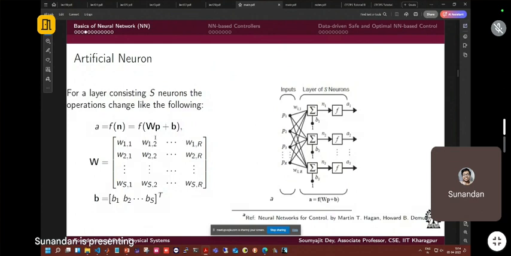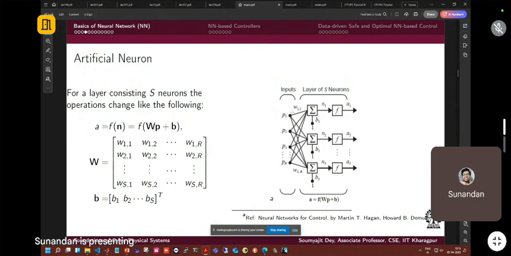After using the weight and bias, we pass that through an activation function. This is how the weight matrix looks, and this is how the bias matrix looks. As you can see, there are S neurons, W1 to WS, so there are S many. From P1 to PR, there are R many inputs, and there are S many nodes here.